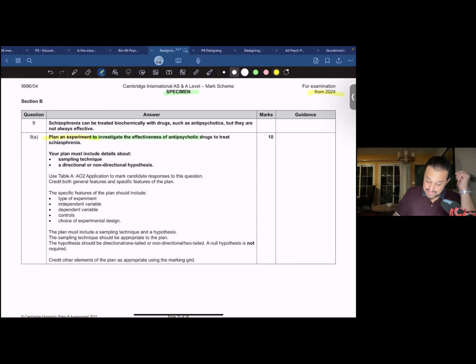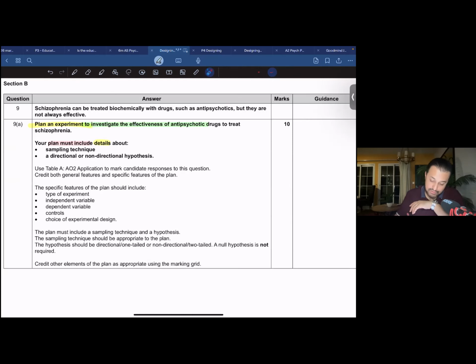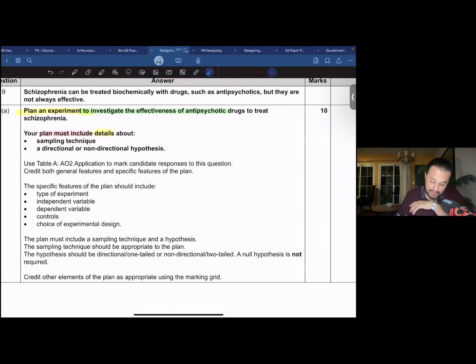Your plan must include details, focus on this word details, on sampling technique and on a directional or non-directional hypothesis. Use table A, that is AO2 application, to mark candidates' responses to this question. We'll discuss this table A in a bit, do not worry. Credit both general features and specific features.